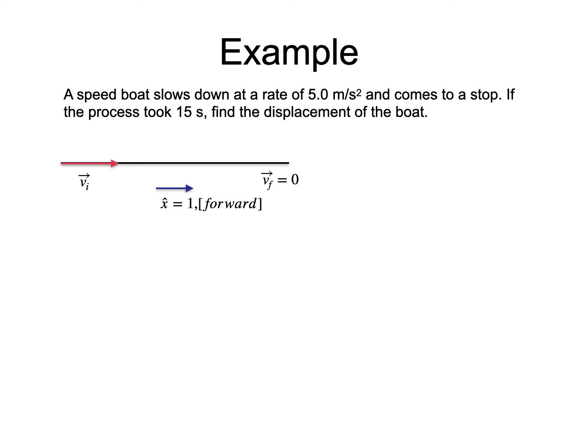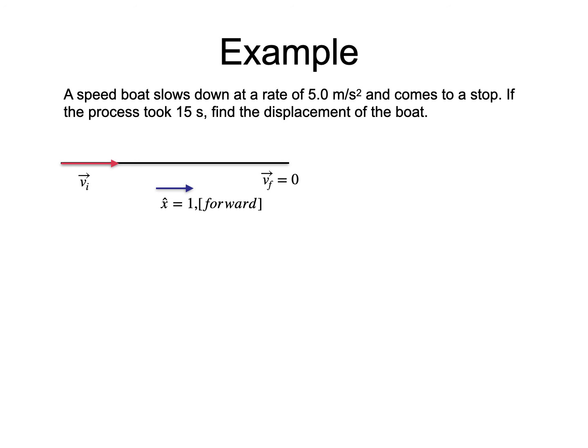The slowing down at a constant rate is about what happens to the speed. It means that every second, the speed is reduced by 5 meters per second. We have to use this information to define the acceleration. The acceleration will need to be in the opposite direction to the velocity to reduce the velocity.